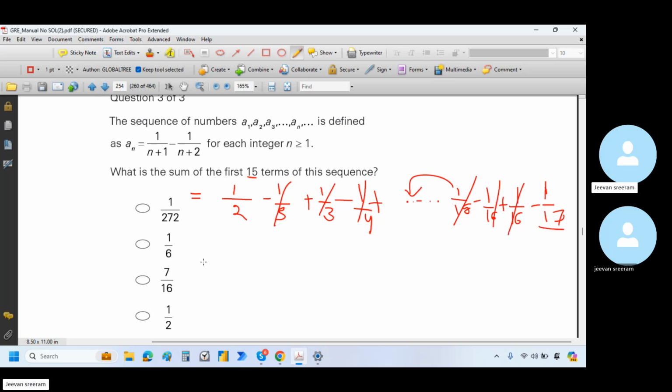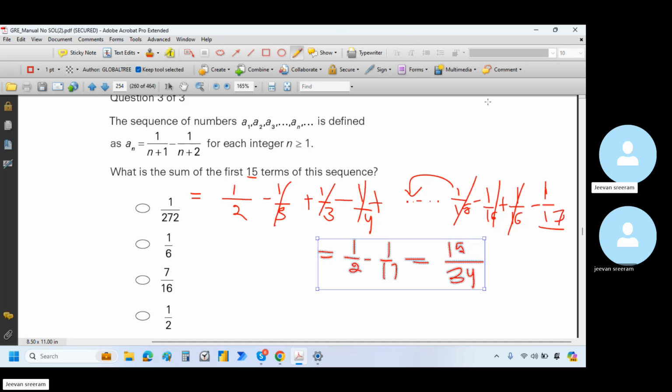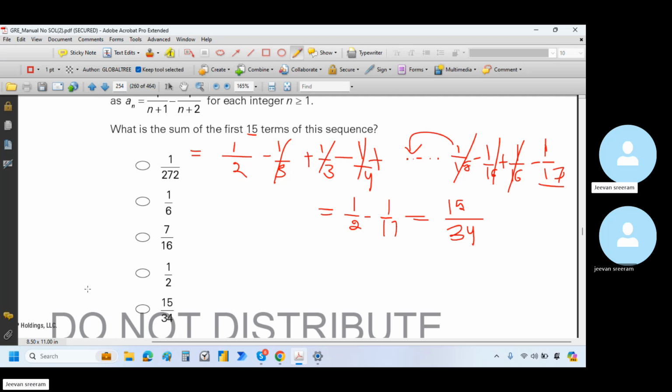Finally, you are left with 1 by 2 minus 1 by 17. These are the terms that remain. So 34, 17 minus 2, 15. 15 by 34. This is the correct answer.